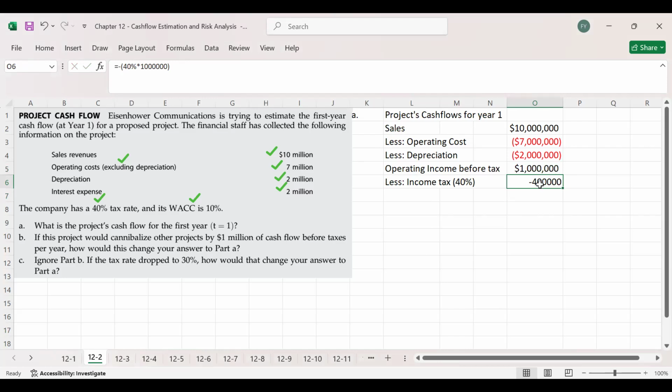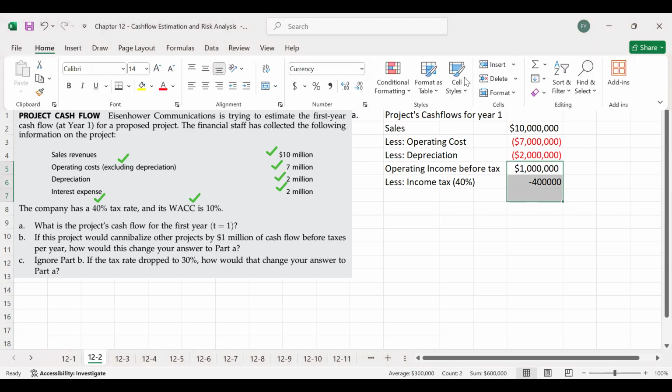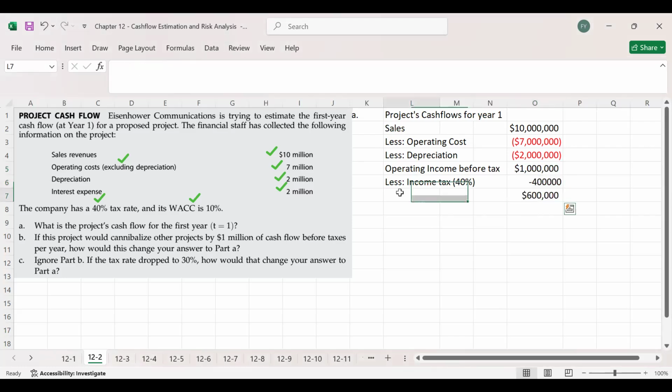So when we deduct it here, we get operating income after tax because we have deducted after tax.